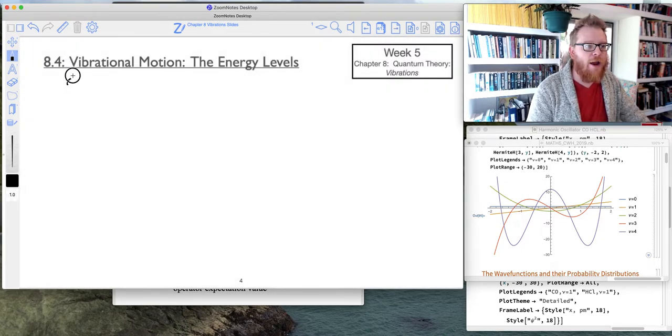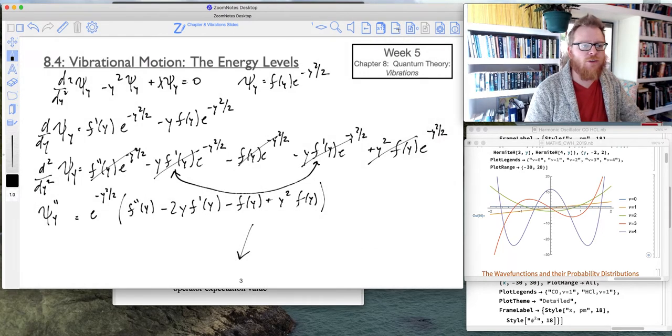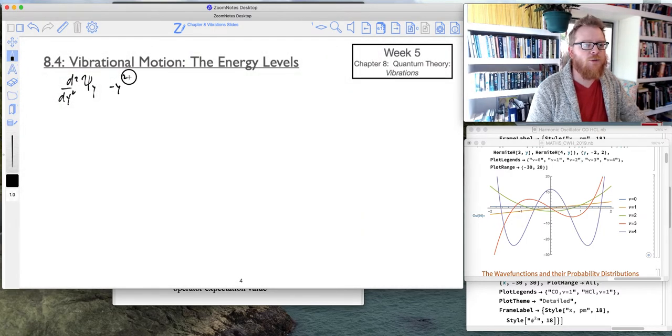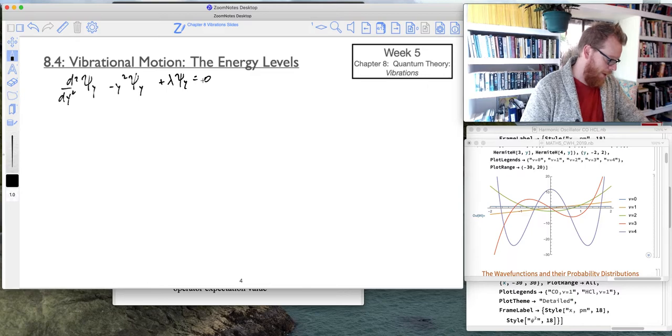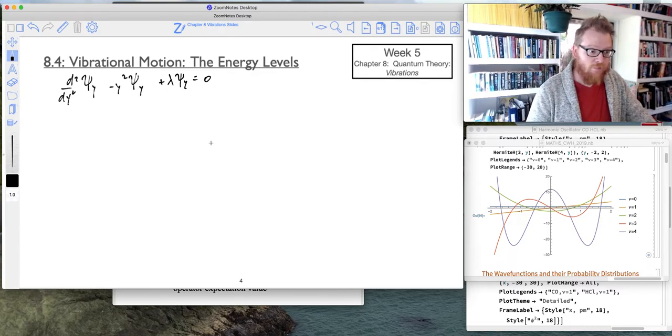Okie dokie. I'll just remind you up here once again, our Schrödinger equation that we're trying to solve, this is really just the reduced form, plus lambda psi of y equals 0. So let's keep it going.